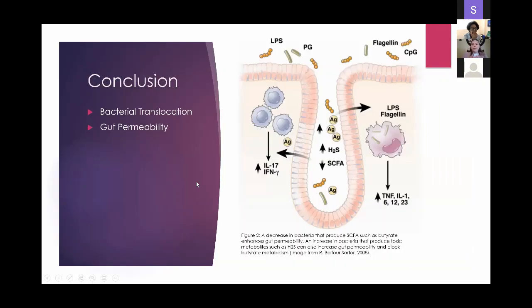So that is the big picture of this big idea: a gut dysbiosis causes increased gut permeability. One example of that is that fewer short chain fatty acids is going to increase the gut permeability. That could be due to a low fiber diet, which causes a change in the microbiome and less bacteria in your gut producing those short chain fatty acids.